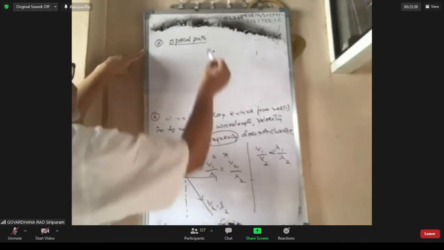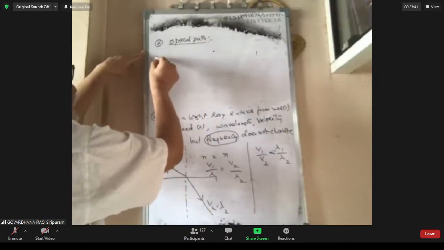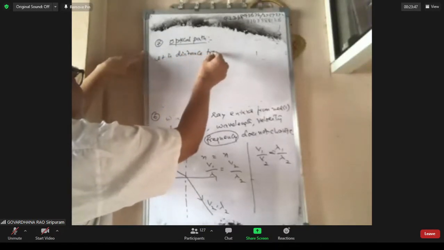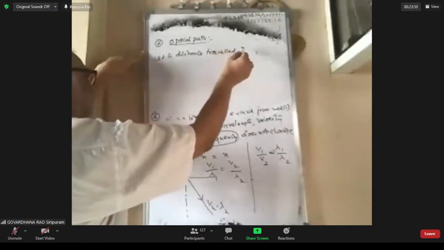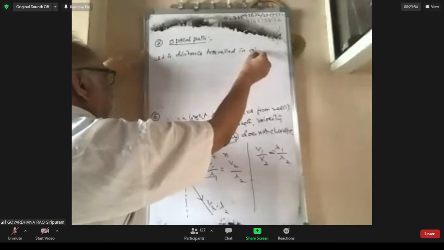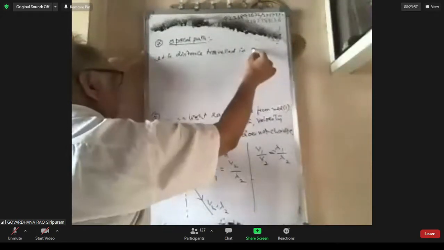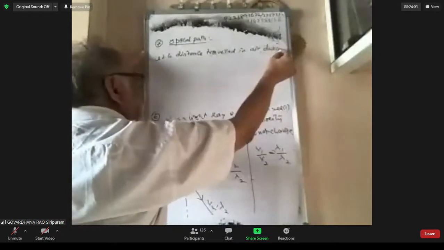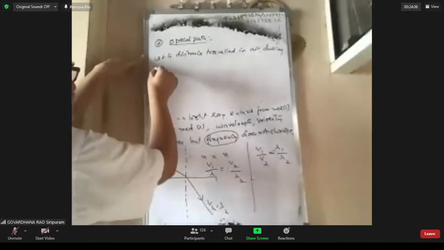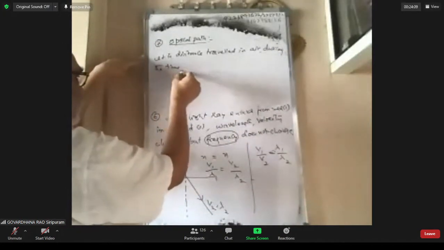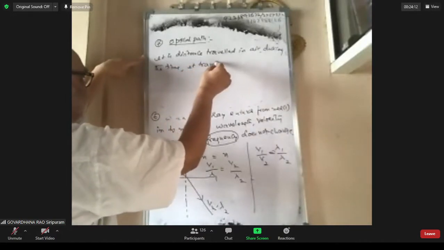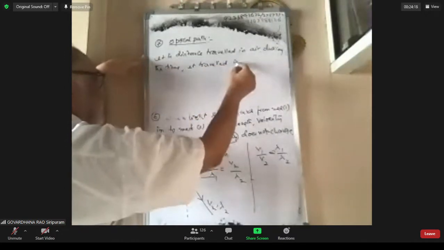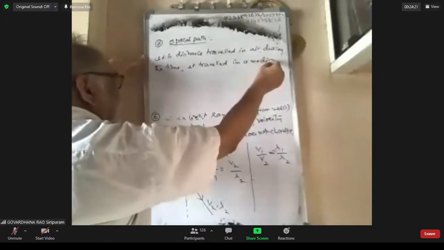Optical path. It is the distance traveled in air during the time it traveled in a medium.